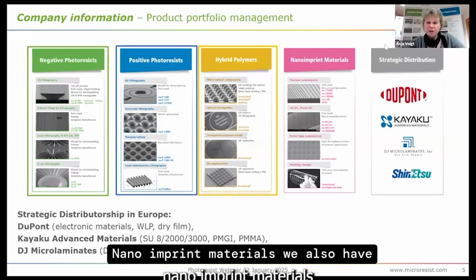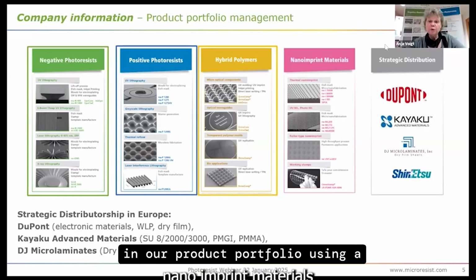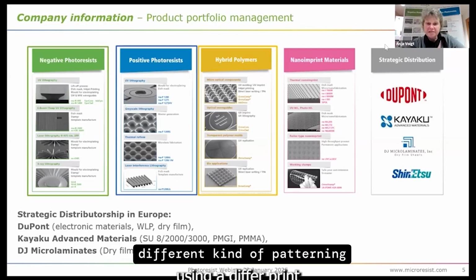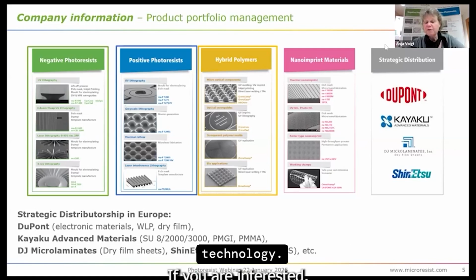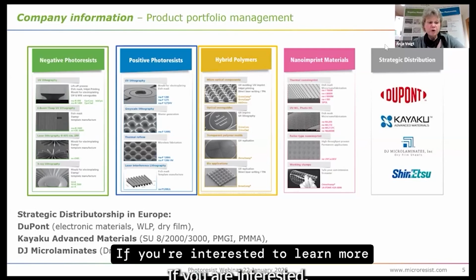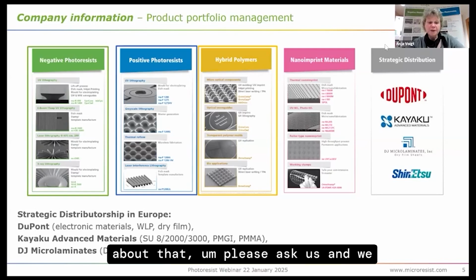Nano imprint materials we also have in our product portfolio, using a different kind of patterning technology. If you're interested to learn more about that, please ask us and we can provide you more information.